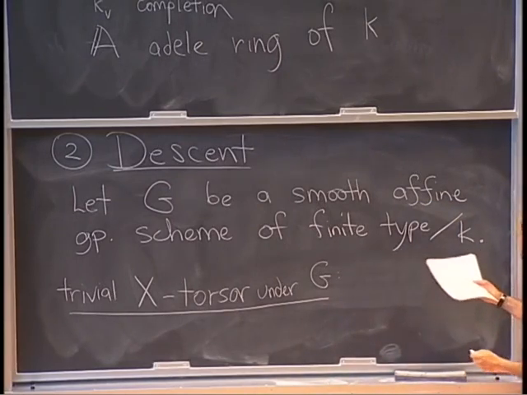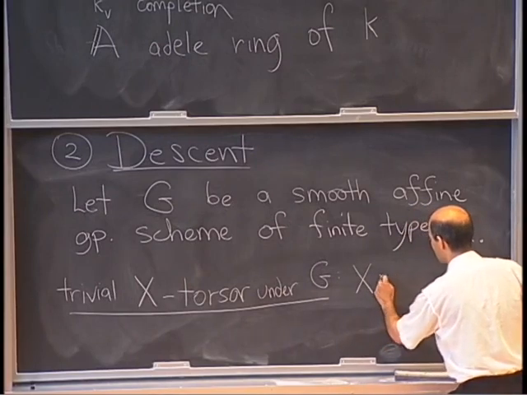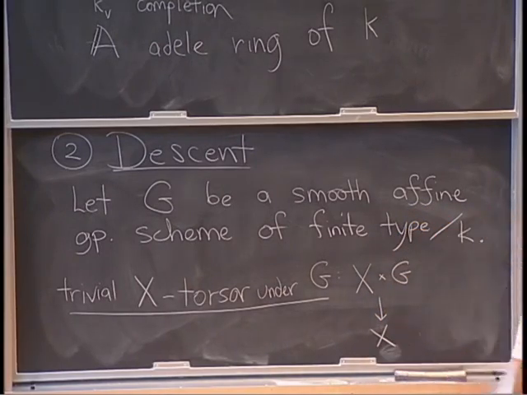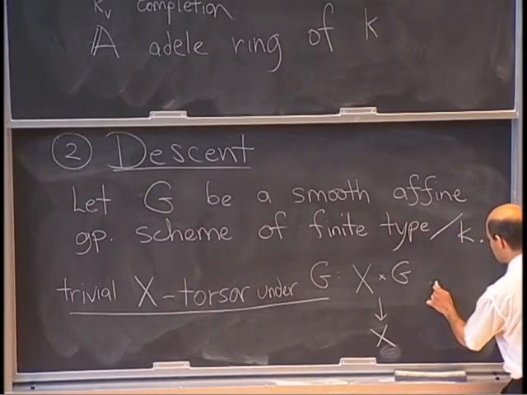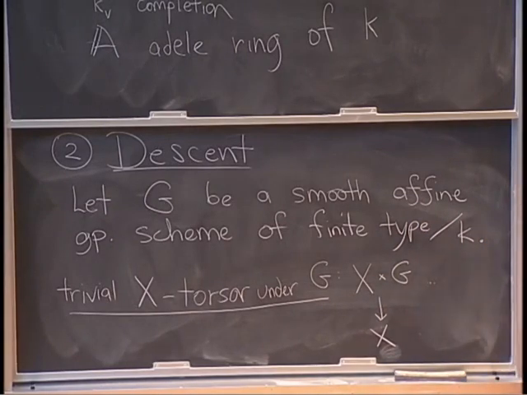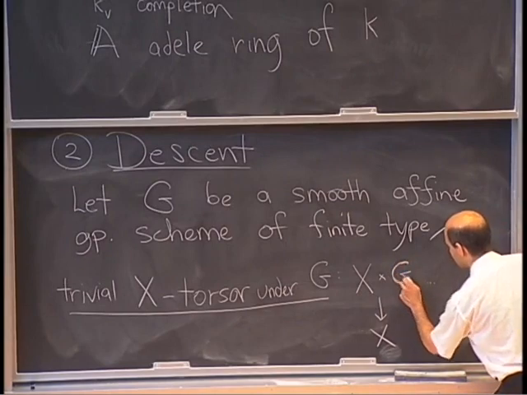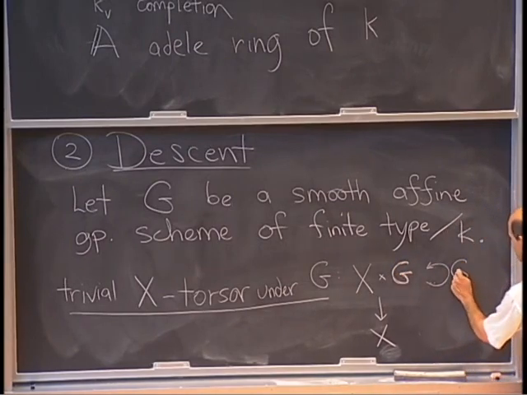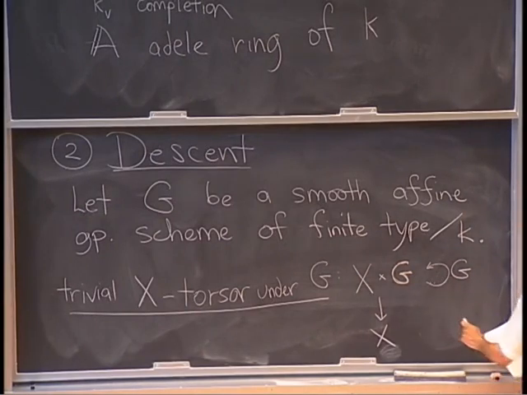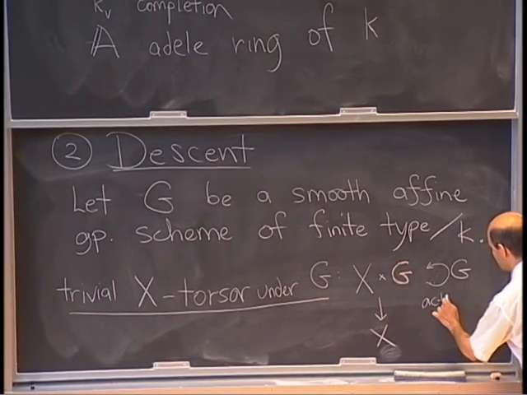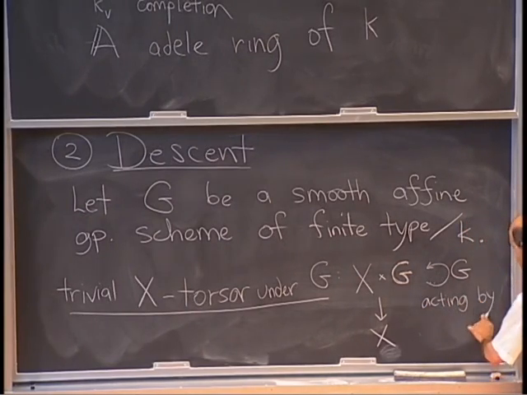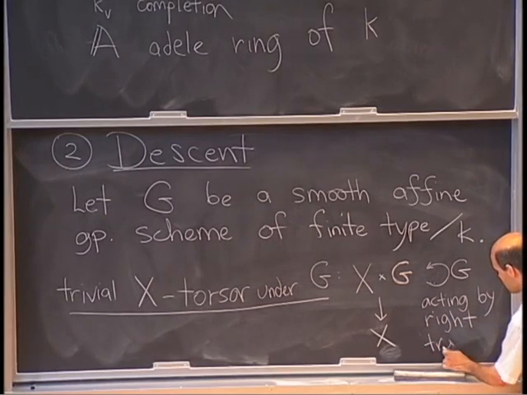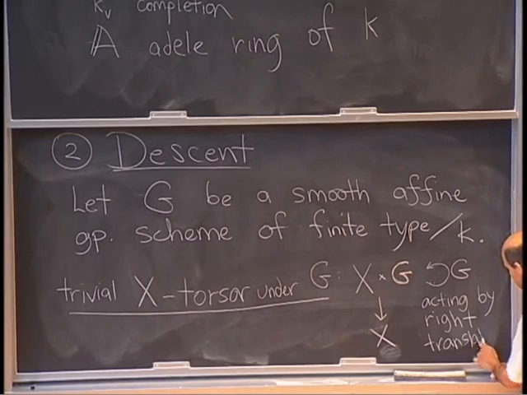But because I'm over a base, I'll just cross everything with X. So I'll take a constant family of copies of G, and G is acting just by right translation on each fiber.